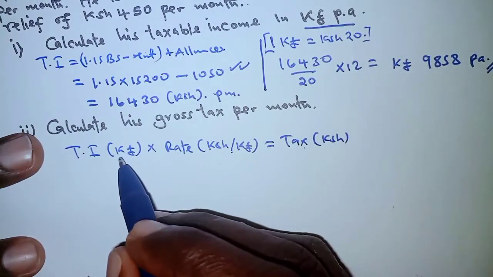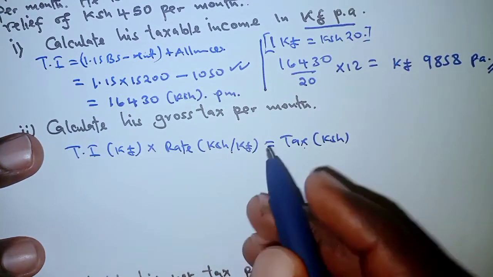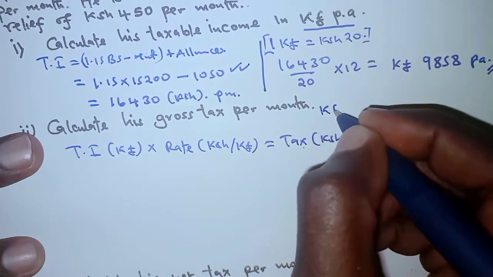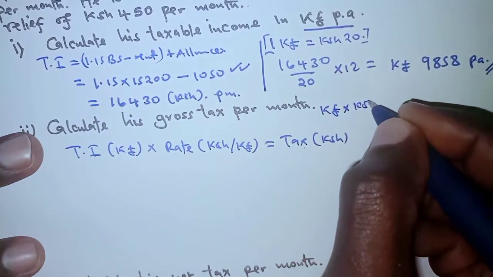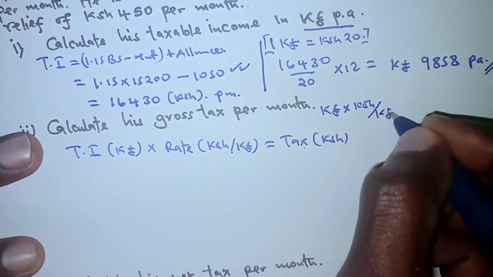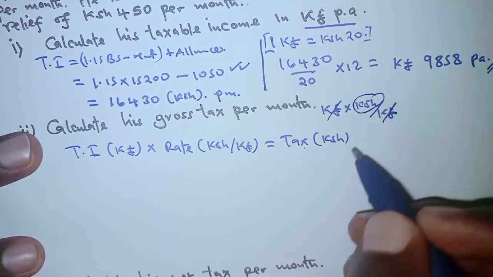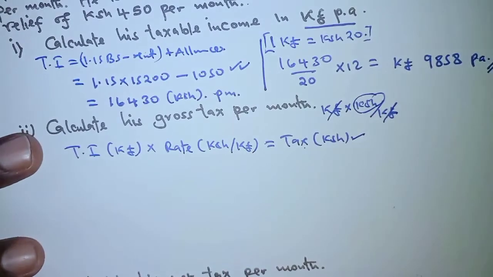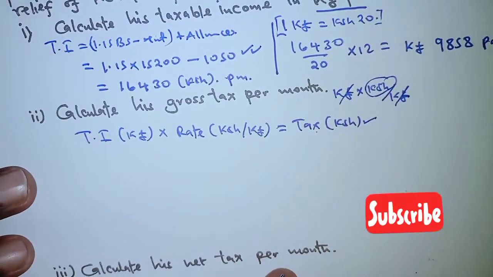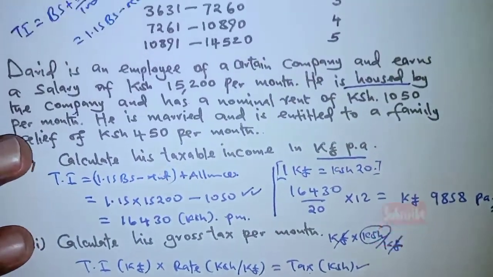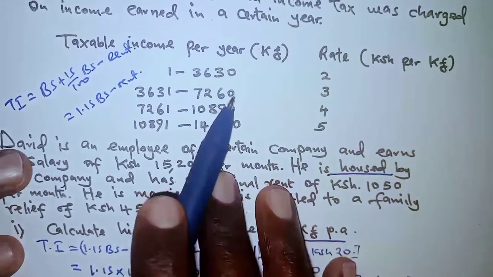Remember, Kenyan pound times Kenyan shillings per pound implies that Kenyan pounds will cancel and then we remain with Kenyan shillings for the tax. So with that, we can therefore use the table as follows.